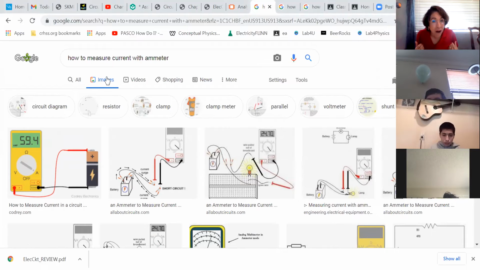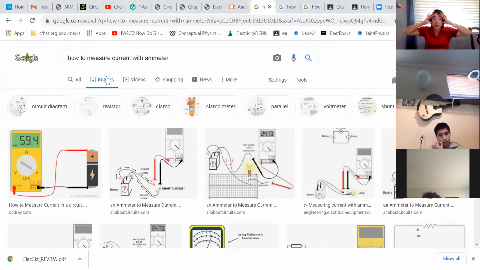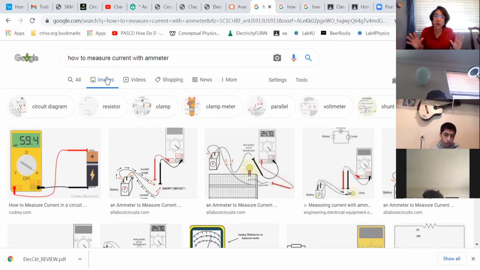Because an ammeter has really, really low resistance, and if you put anything in parallel with a really low resistance, your equivalent resistance is going to be even smaller. That's a bad thing because that'll make too much current go through the ammeter. You don't want to fry your ammeter, meaning burn it, and then you'll have an electrical fire or whatever. So it has to be in series.